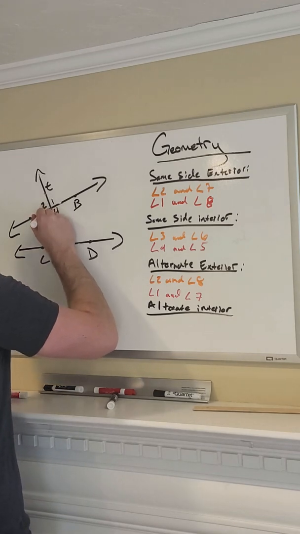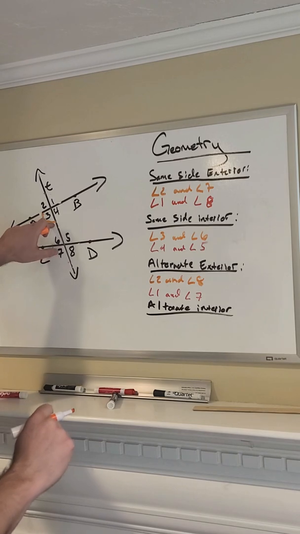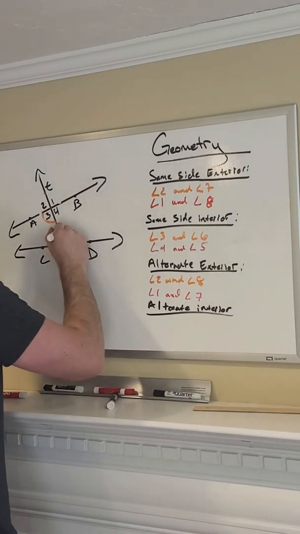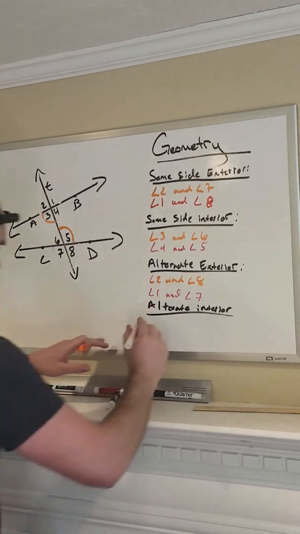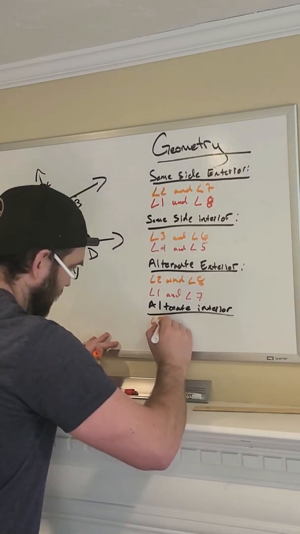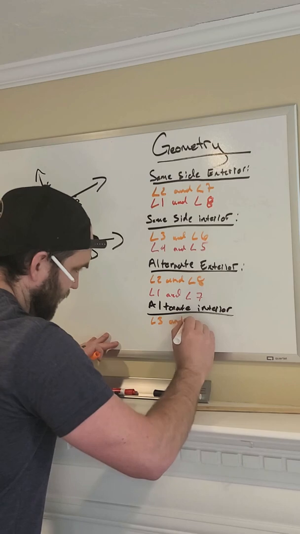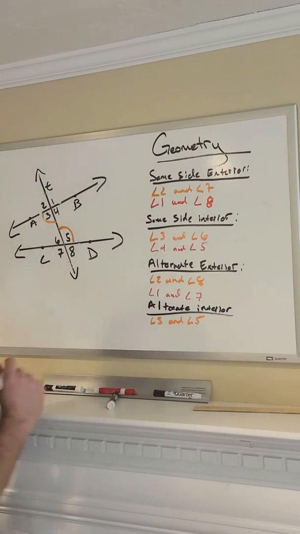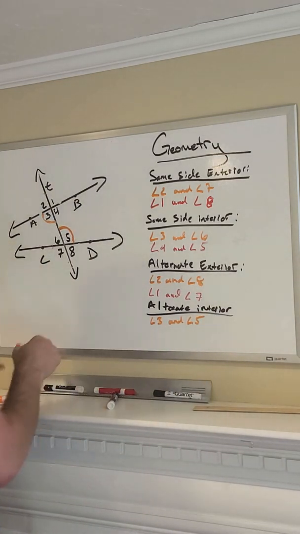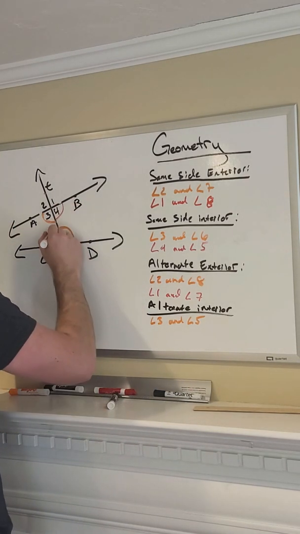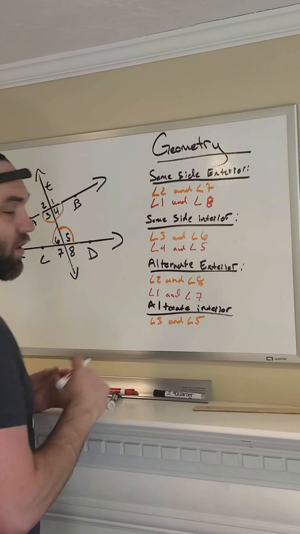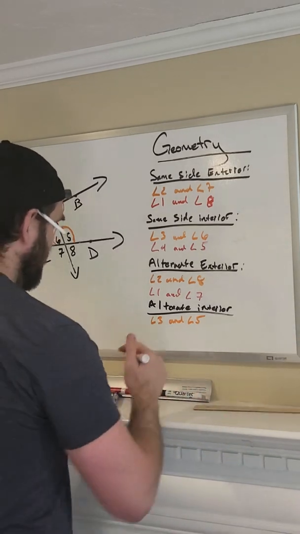So we're going to start with 3, which is in the interior, and then 5, which is on the opposite side and interior. So we have angle 3 and angle 5. And then as we keep this pattern going, we can see that angle 4 and angle 6 are also alternate interior angles.